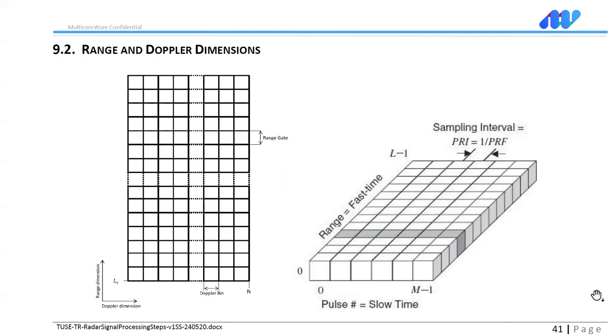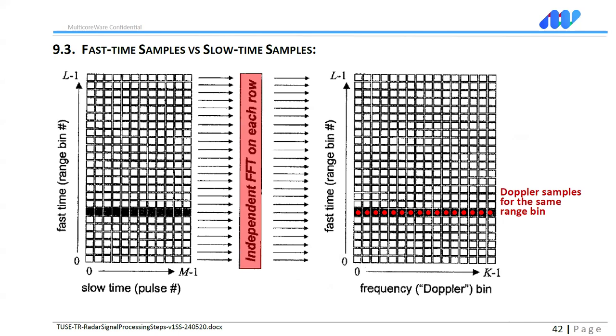And that's the data. But it's currently two-dimensional. And you have the fast time and the slow time. So if you operate on the verticals, it could be a simple FFT. You have the range processing, and then you go for the Doppler on the horizontal. Then you get the Doppler samples for the same arrangement.